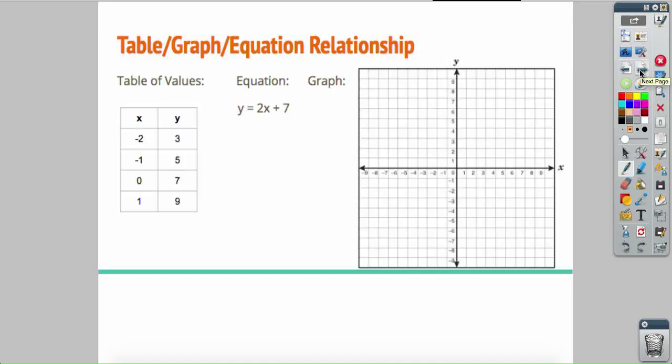So if we want to look one more time at our relationships for our graph, I should have this graph already up here, but I don't, so we'll get our points back up here and our line.